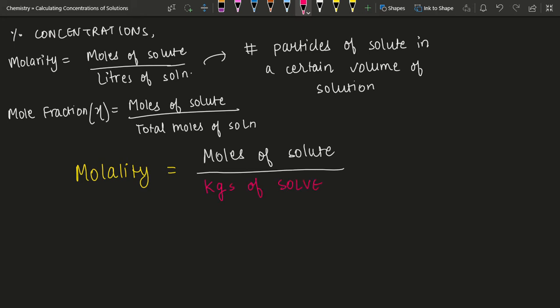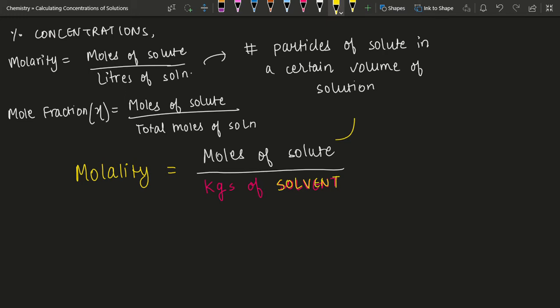And let me write that in capital letters, kilograms of the solvent. So in almost all of the concentrations that we use, we take something of the solution in the denominator, but in molality we use kgs of solvent.